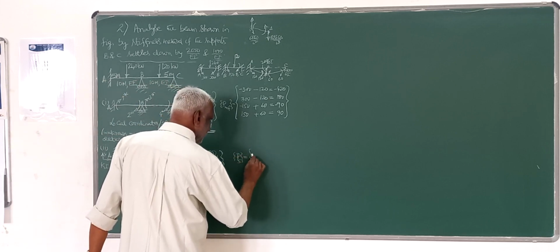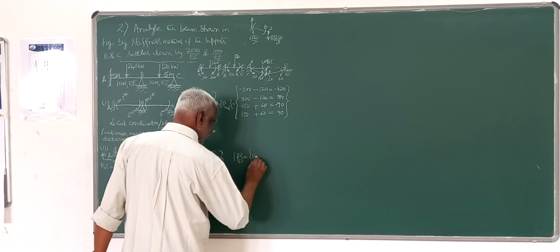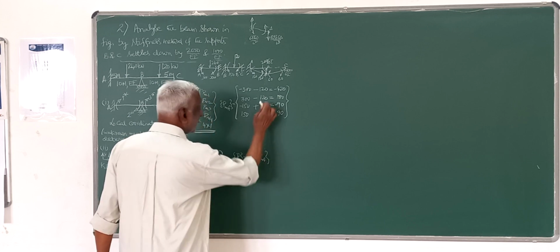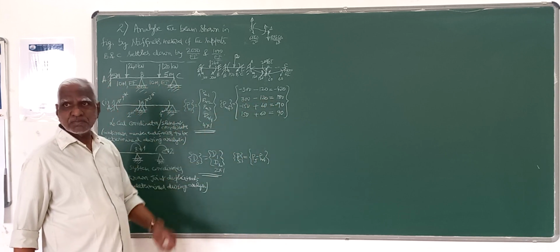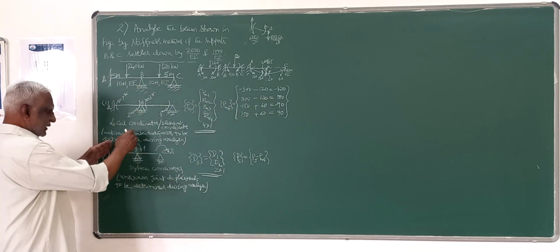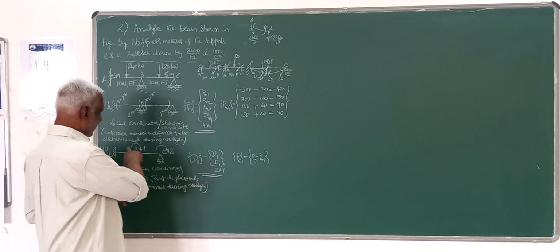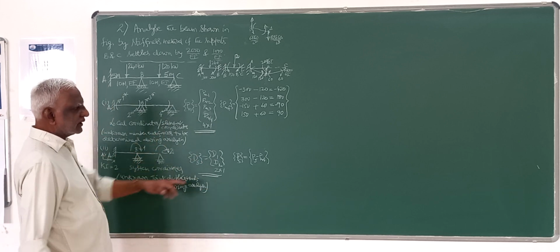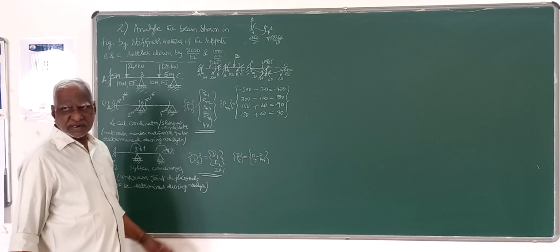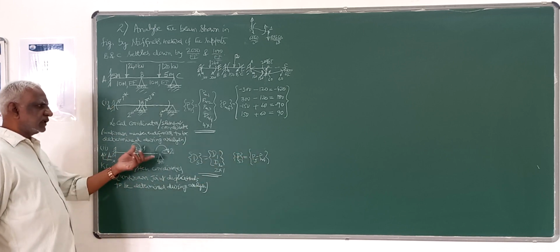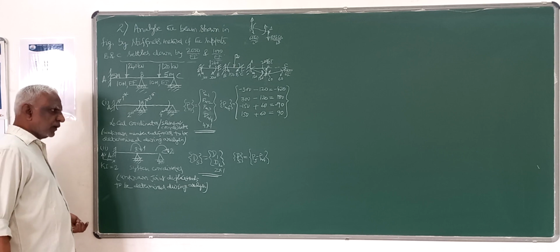So this actually we take as Pj, the joint load, minus PMF due to the member loading. PMF, minus PMF we take. If there is a joint load, we can take it as it is, but due to the member loading in the global direction, I have to reverse this sign for the calculation of the equivalent joint load.